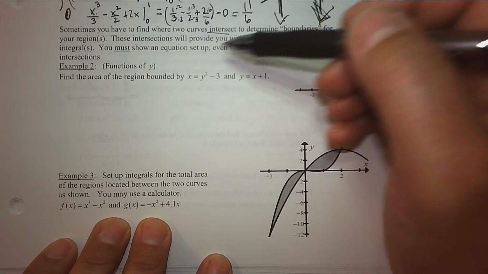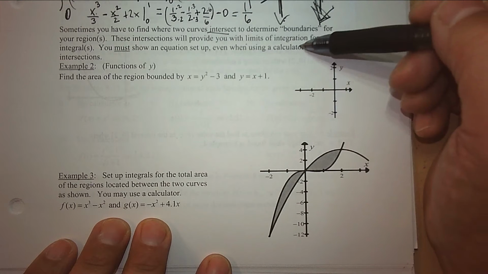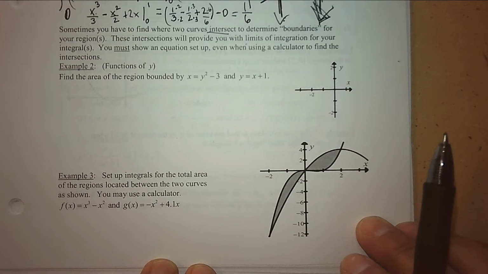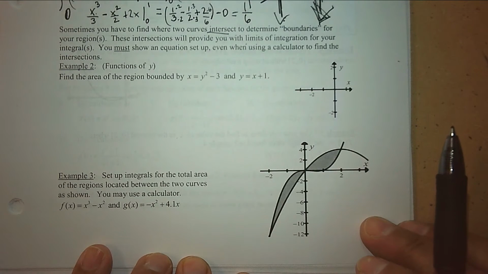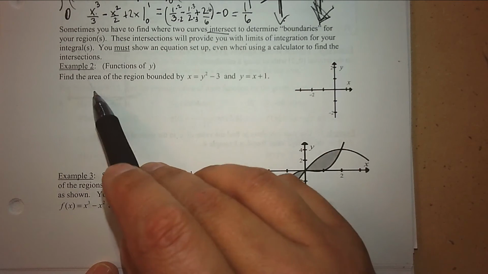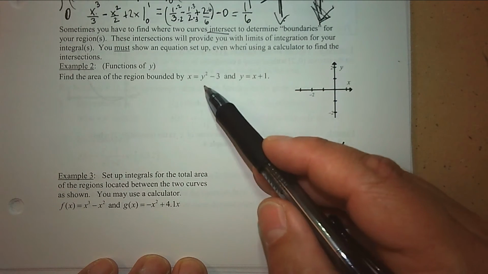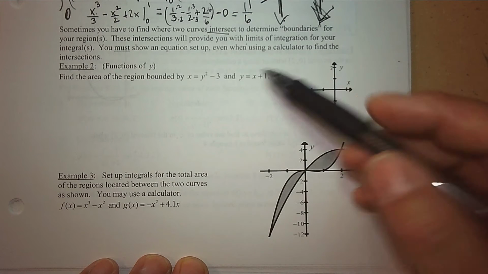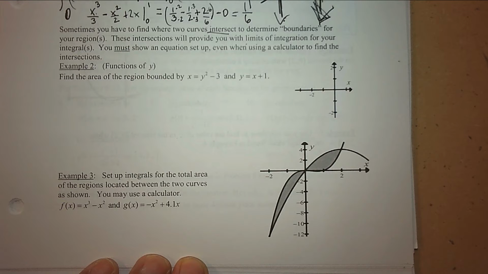These intersections will provide you with limits of integration for your integrals. You must show an equation setup even when using a calculator to find the intersection, so you get full points. So it says here, look at example 2. Find the area of the region. x equals y squared minus 3, and y equals x plus 1.